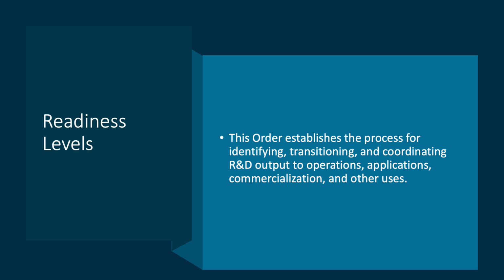The NOAA order, which defines the 9 readiness levels, was developed with the motivation to establish the process for identifying, transitioning, and coordinating the R&D output to operations, applications, commercialization, and other uses.